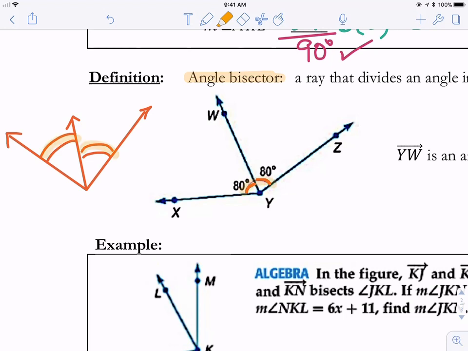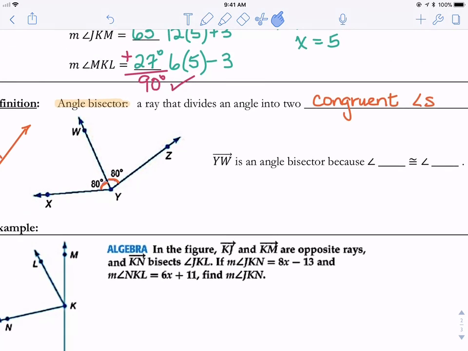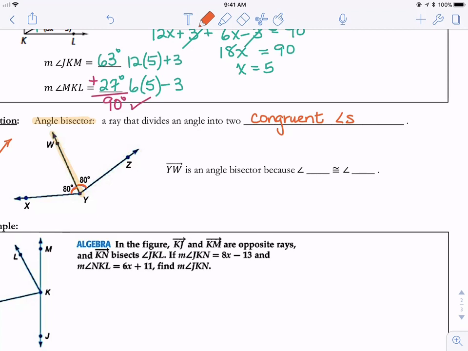I don't really like the way they did it on this picture over here, but what they were intending to show is that those angles are congruent. Okay, so in this picture, ray YW is an angle bisector because those two angles are congruent. So that would be angle XYW and angle WYZ.